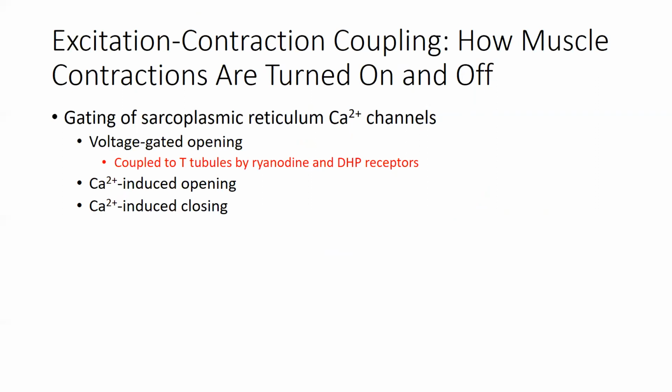And that is going to be sort of a negative feedback loop to get calcium out of the cytoplasm and back into the sarcoplasmic reticulum. So we have calcium-induced opening when the membrane is depolarized, calcium-induced closing when the membrane is hyperpolarized, so it's no longer being excited.